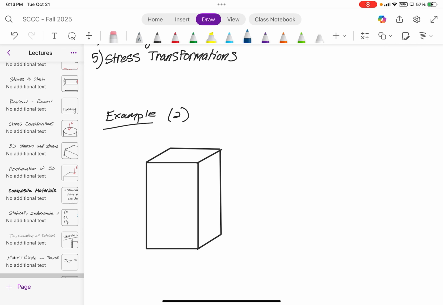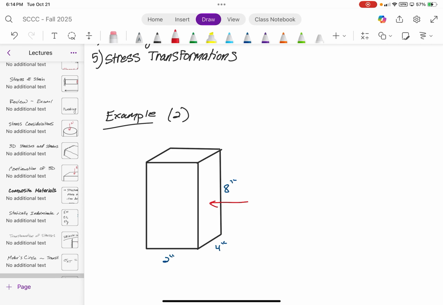Let's come up with some arbitrary dimensions. Let's say that this is 2 inches by 4 inches by, I don't know, we'll say that this is like 8 inches.